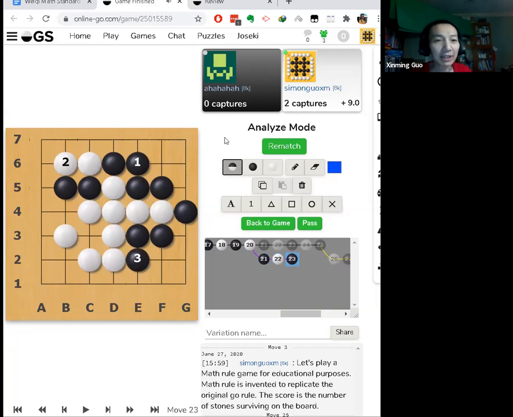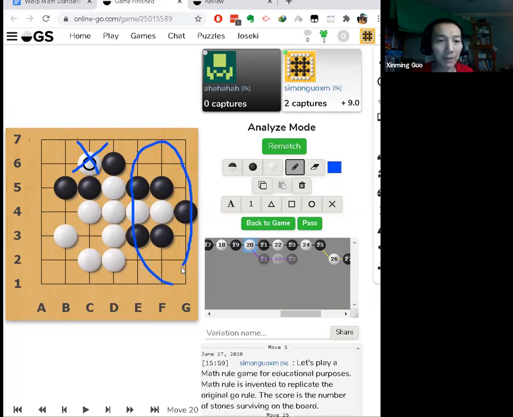Yes, you're right. Right now, in fact, I am the white player. If I play this situation, I don't think there's any risk or opportunity for white. But when white play here, when I play this step, I know what will happen in this area.